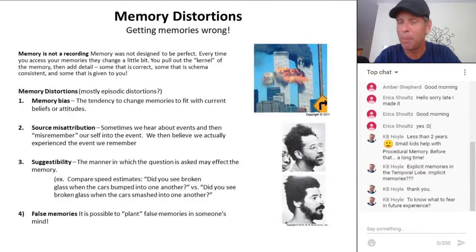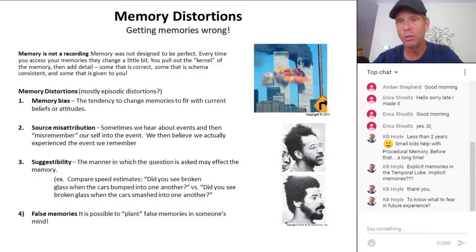So sometimes people change their memories in a sense to be consistent. Doesn't that make sense? Imagine if you had now turned and you were now politically conservative and you had to sit back and think about the times when you were very, very liberal, or the opposite way around.